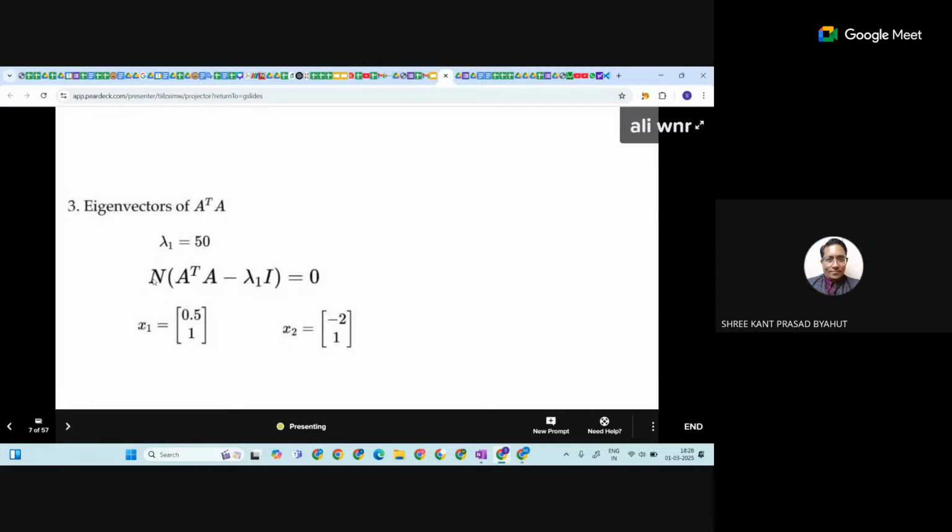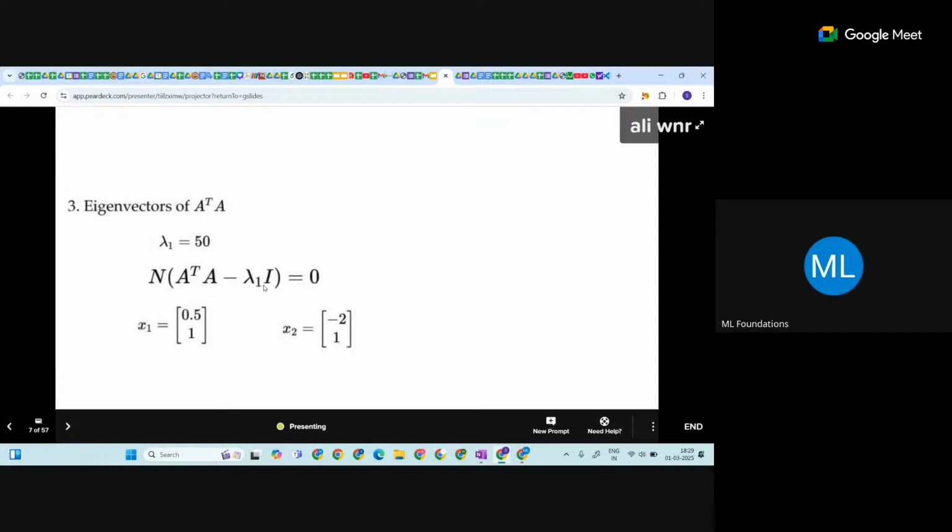This is telling the null space. Finding the eigenvector means we used to find the null space of this matrix. Null space of A transpose A, right? This is a step to find the eigenvector.